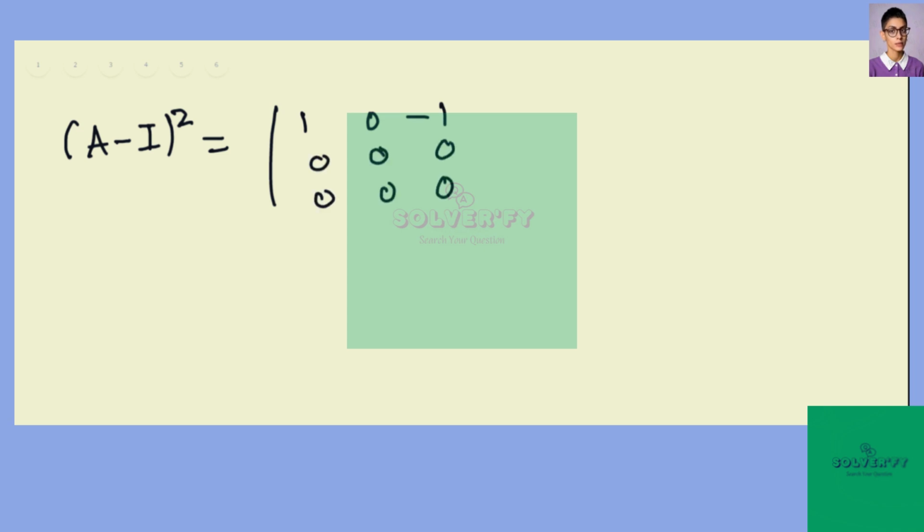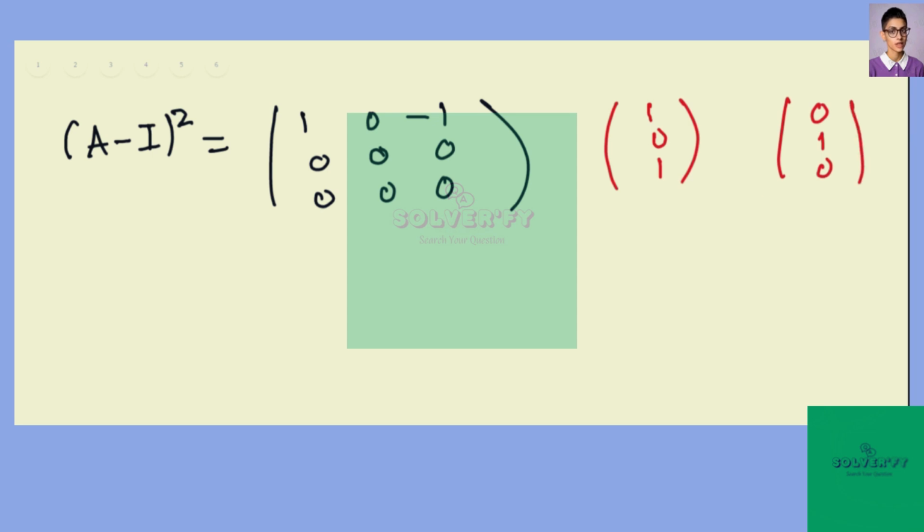Okay, so to find a second generalized eigenvector that is not regular, we need to look at the matrix A minus I squared. So we need to square the previous matrix. This is the matrix 1, 0, negative 1, 0, 0, 0, 0, 0, 0. Now the null space of this matrix is spanned by two vectors, the vector 1, 0, 1, and the vector 0, 1, 0.